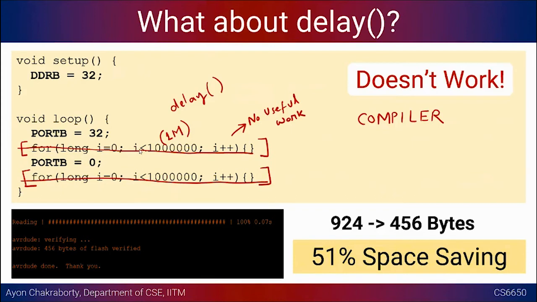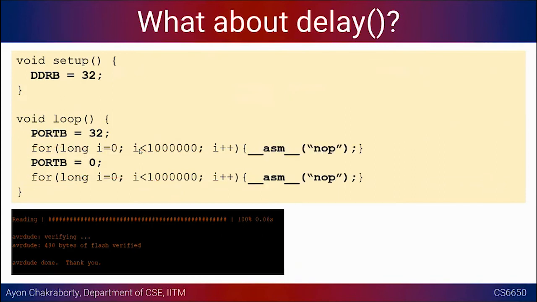Okay, so one way to trick the compiler is to make it think that it is doing something useful, whereas you don't actually do anything useful, right? Don't do any extra operation. So something called no operation. This is basically assembly level code.